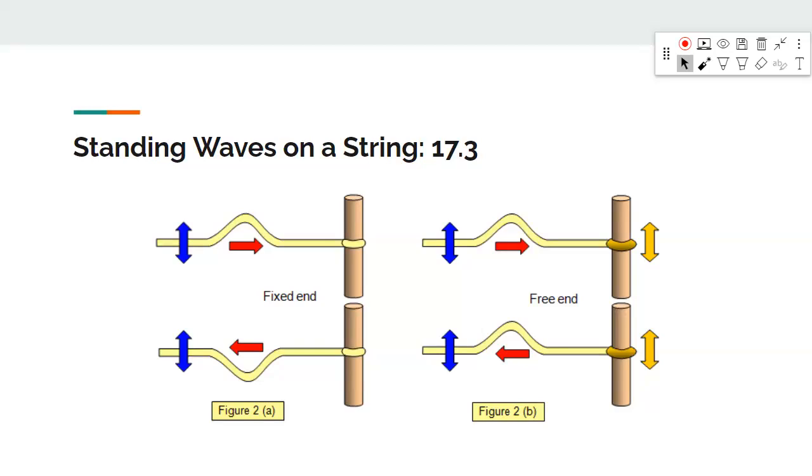But anyways, so we're in chapter 17, thinking about superposition and standing waves. And the last thing we left off on was this idea of boundary conditions as they apply to string waves.